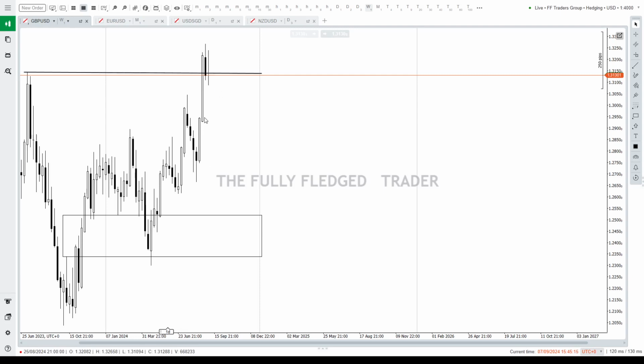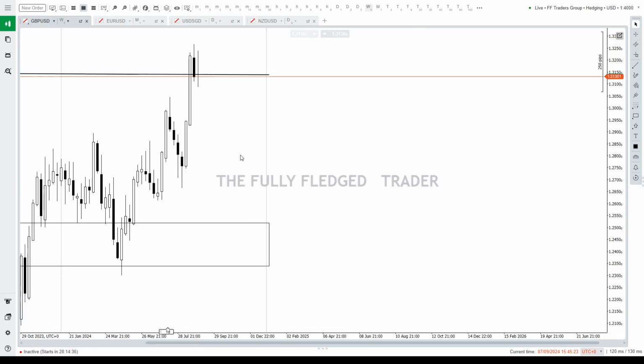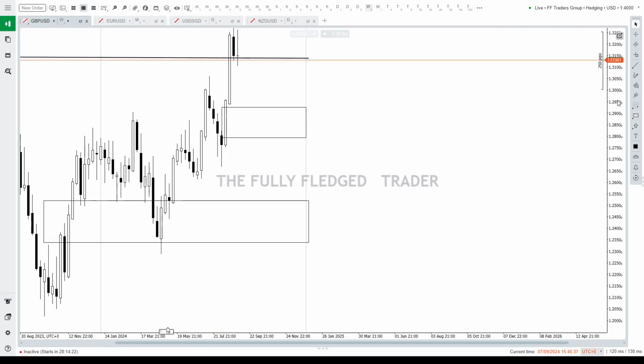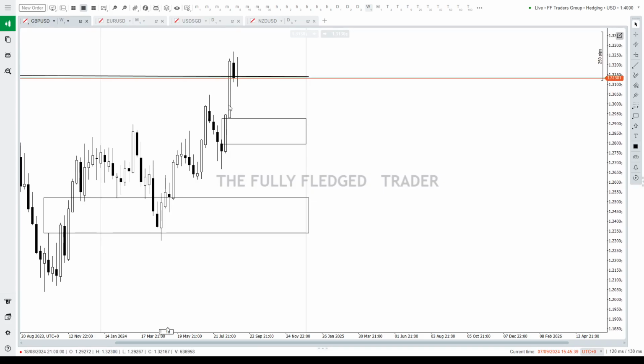But this week here was just big enough to purge the previous year's buy side liquidity. So for now, working with my model, I'm expecting price to at least reach for this inefficiency there, in terms of my model.